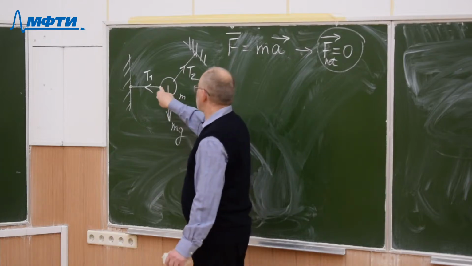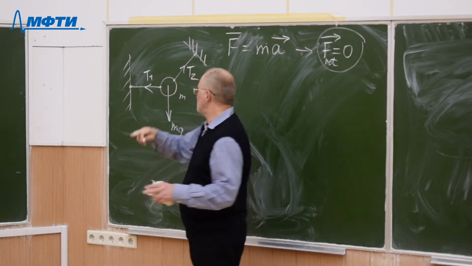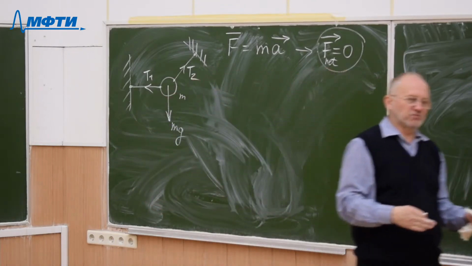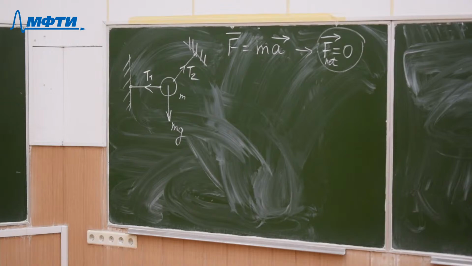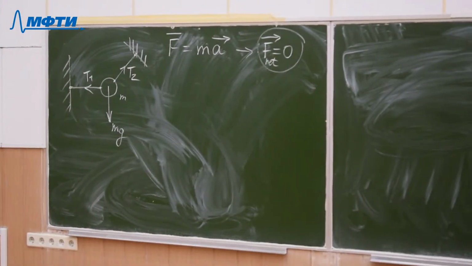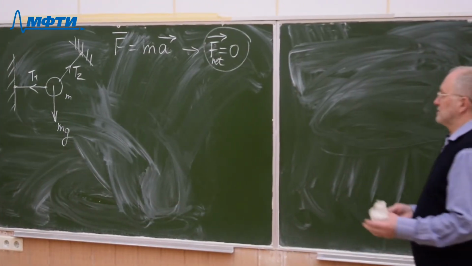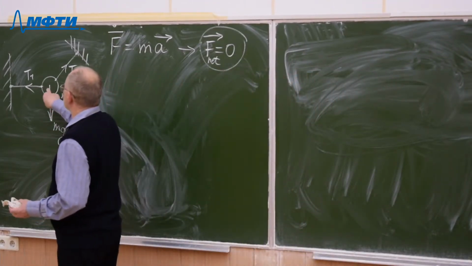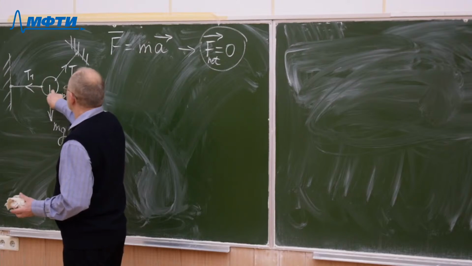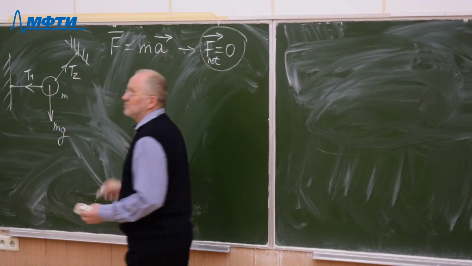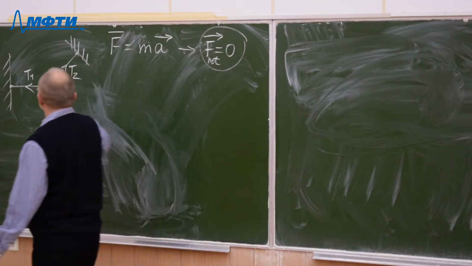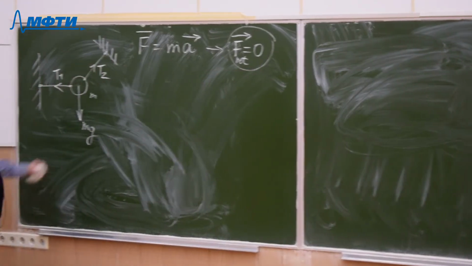Its velocity is zero with respect to you and with respect to this blackboard, but if you go to another inertial frame of reference which is moving, then the velocity of this ball will be a constant vector. But again, the velocity may be constant with respect to some inertial reference frame, but the acceleration will be zero because the velocity is constant. So acceleration is zero means that the body is at rest.